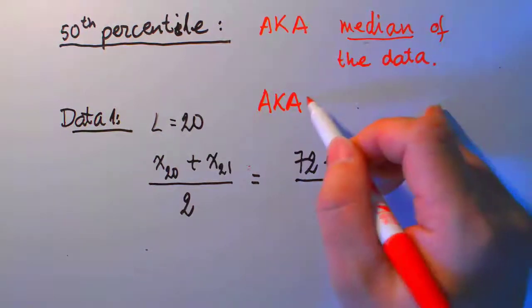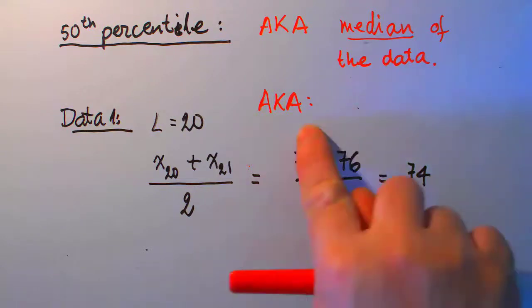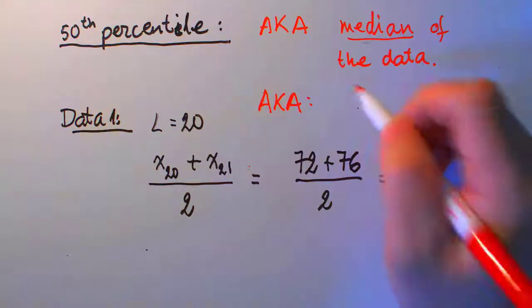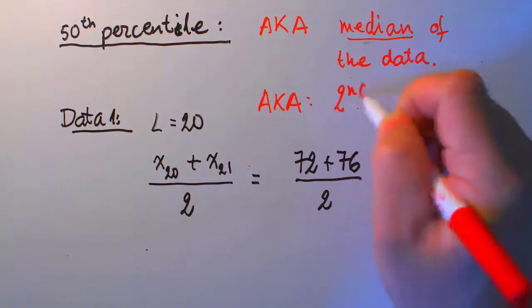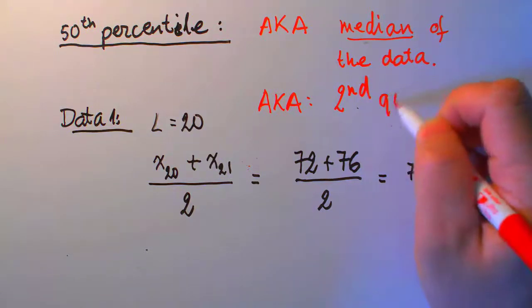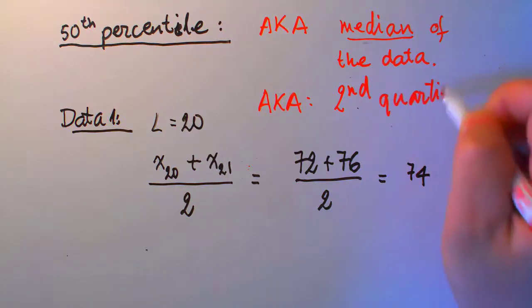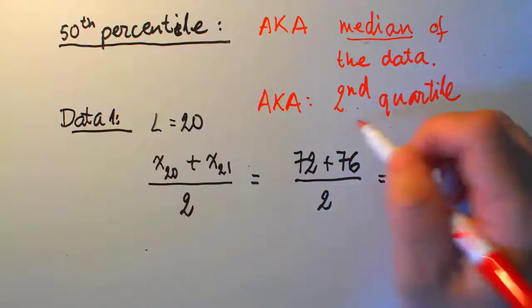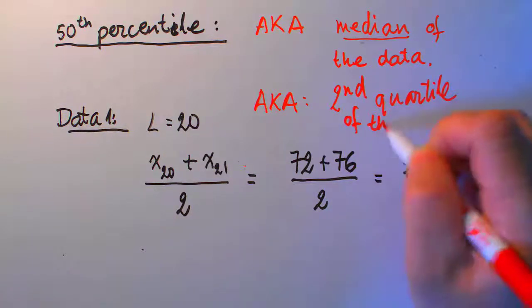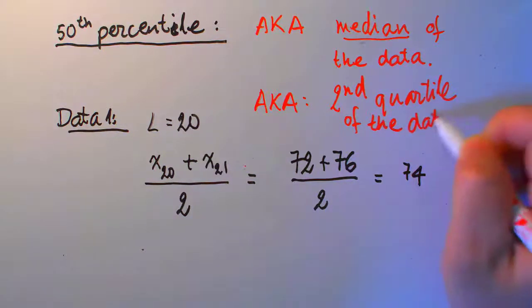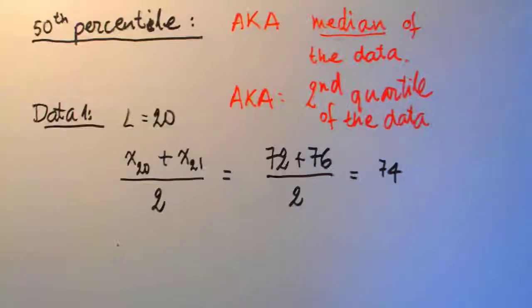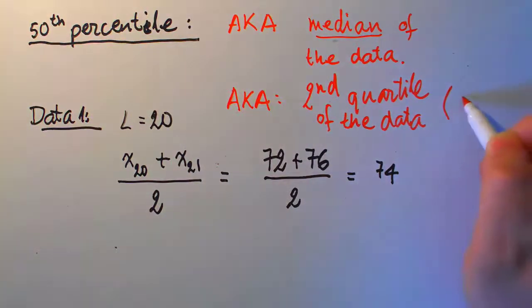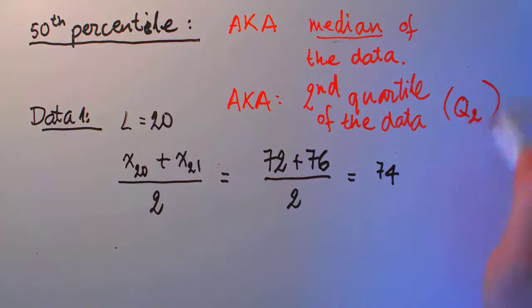It was also known as the median of the data, and now it is also known as the second quartile of the data. The second quartile has the symbol Q2.